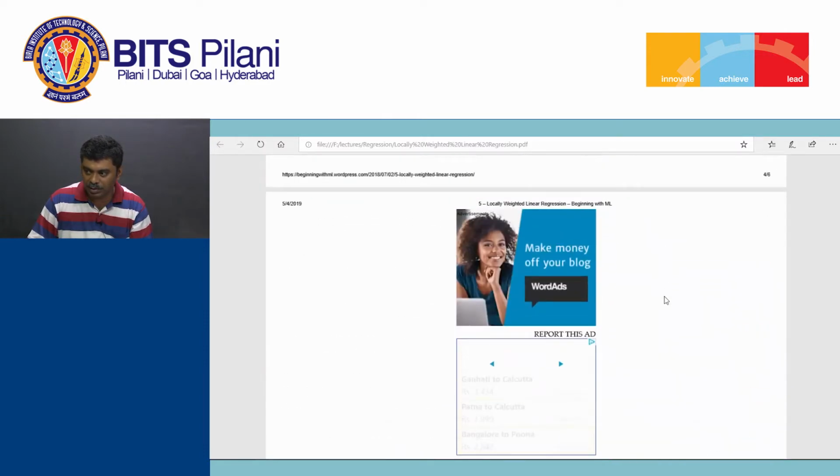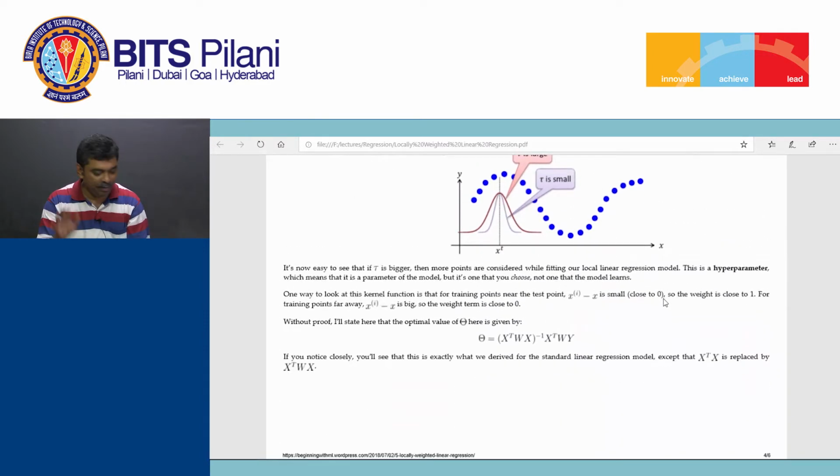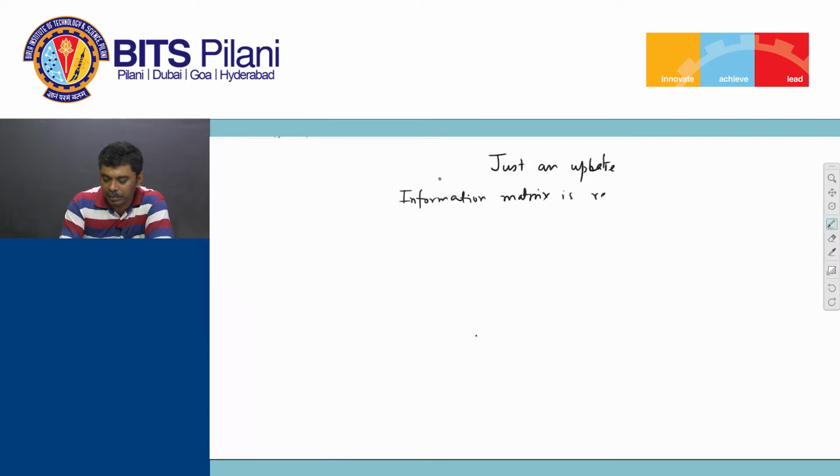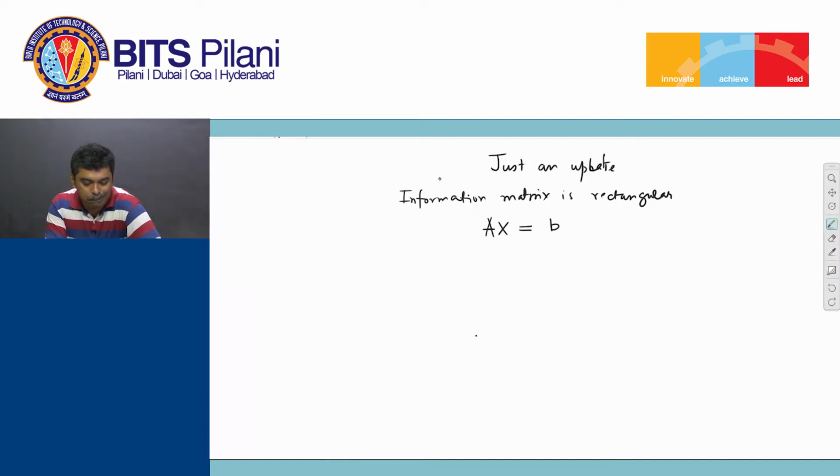So that you are not lost, and because we haven't used this before: as you have seen in SVD and PCA and the other topics, your information matrix is usually rectangular, and I'm dealing with a problem like this. This matrix A is not square. Probably I should be using y just to be consistent.